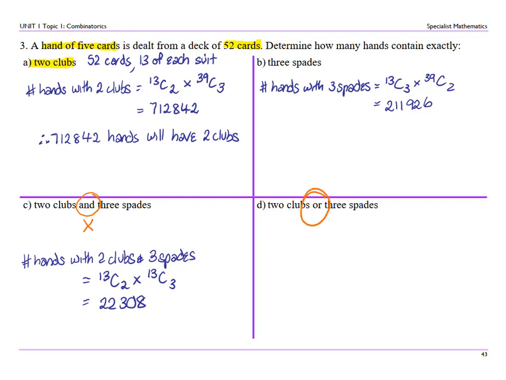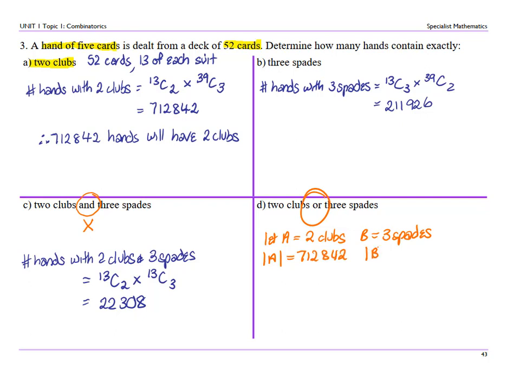2 clubs or 3 spades. Now this one's a little bit different. If I let A equal 2 clubs and B equal 3 spades, then we worked out in part A that the number for A is 712,842.